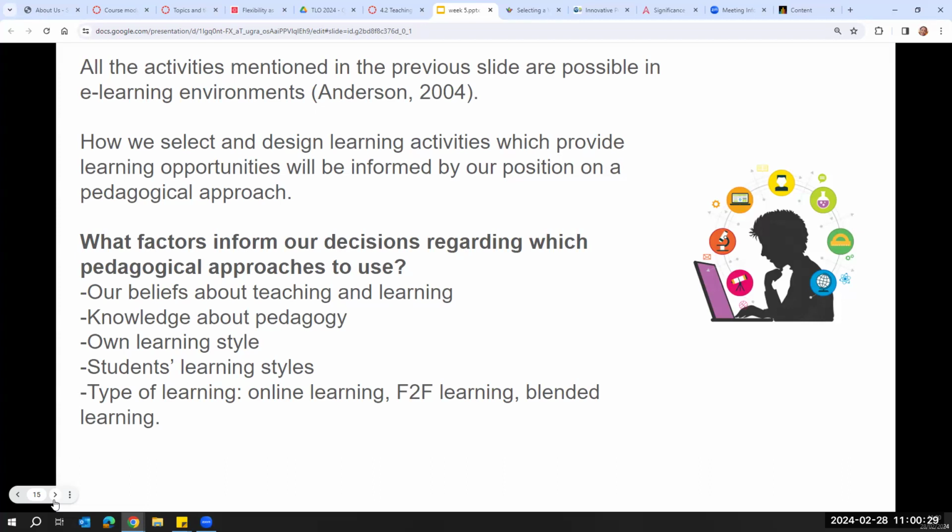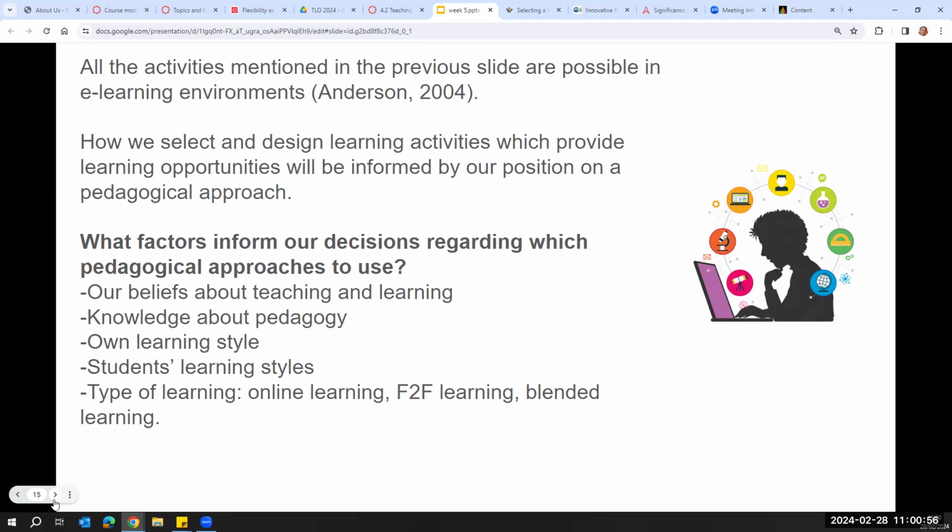What is your knowledge about the different pedagogical approaches as well? Because the idea of introducing some of these pedagogical approaches is that, as I said before, you go on and read more about them, because it's important to be familiar with them. Your own learning style, how you learn, is going to inform how you design those different activities that you want your students to engage with.